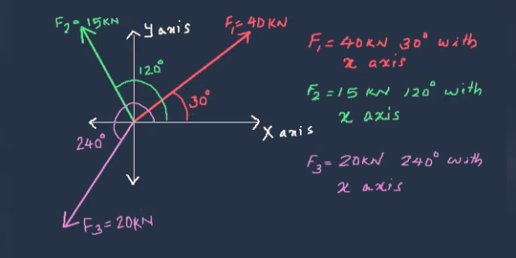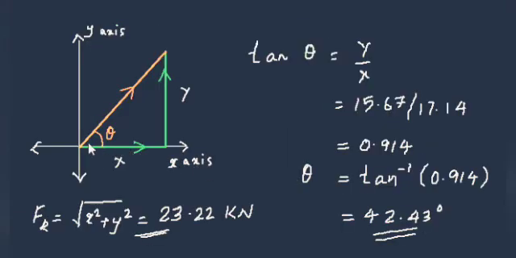That's what is shown here. You have an x component of 17.14 and a y component of 15.67. So you can draw the vector and find the resultant.